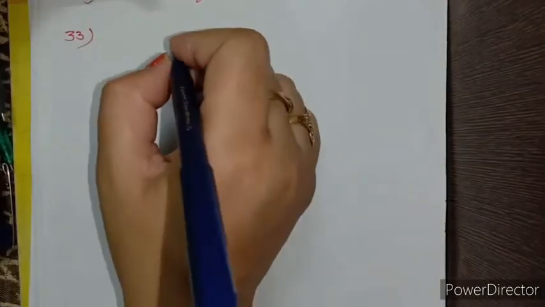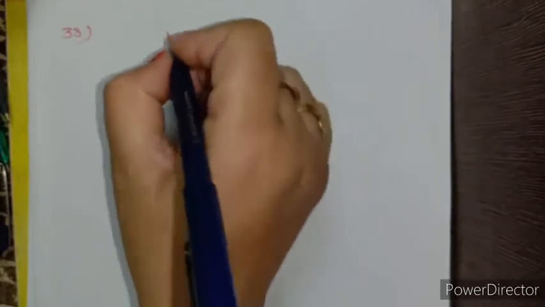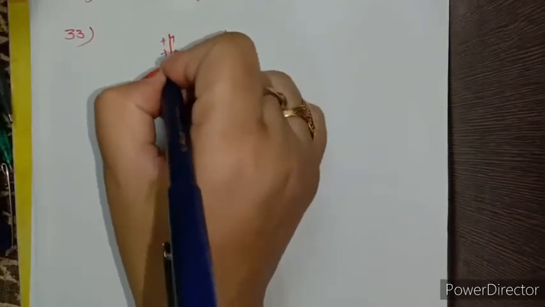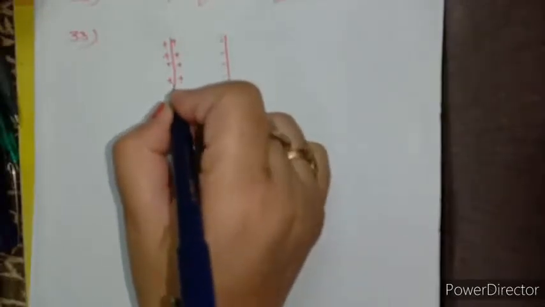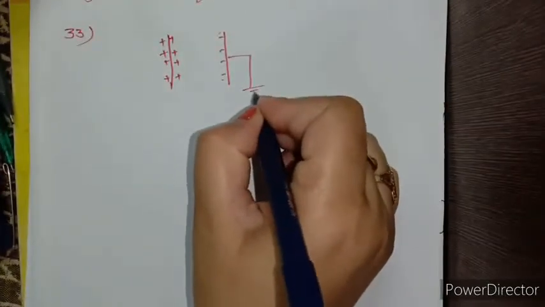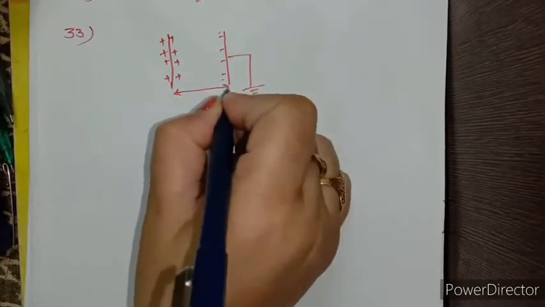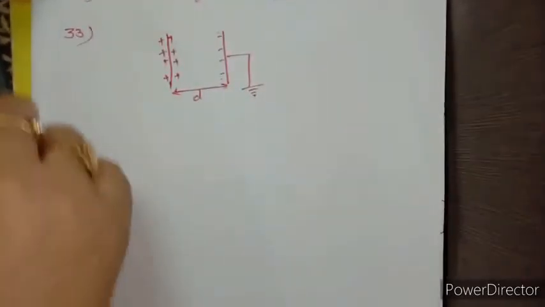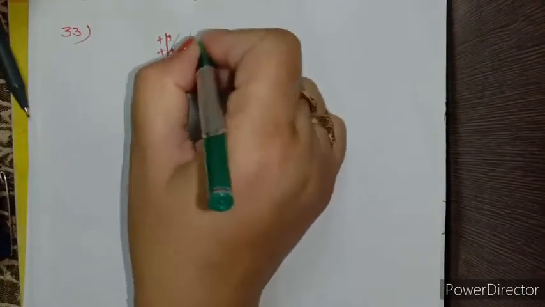For such cases, we can consider a parallel plate capacitor, positive, positive, positive, and then negative, and then earthing. Okay, and we consider the separation between them is D, and it is filled by the dielectric material with dielectric constant 3.